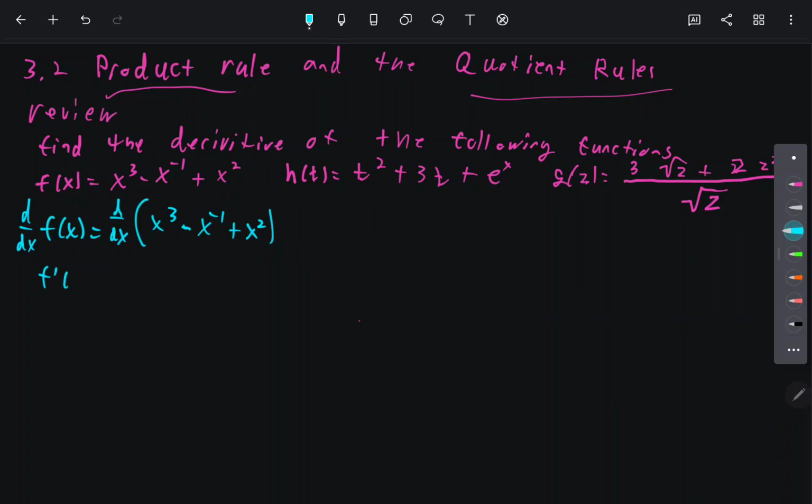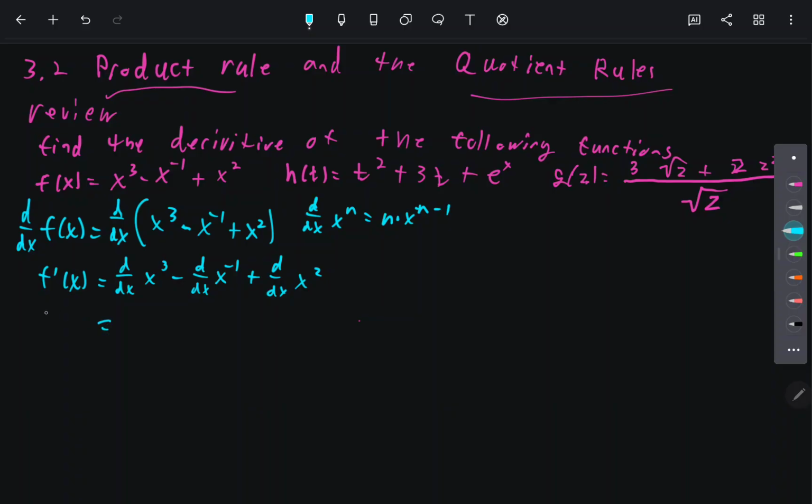So f prime of x is equal to the derivative of x cubed minus the derivative of x to the power of negative 1 plus the derivative of x squared. So you may remember that the power rule is the derivative of x to the n is equal to n times x to the n minus 1.